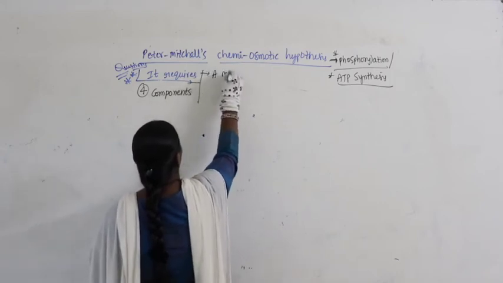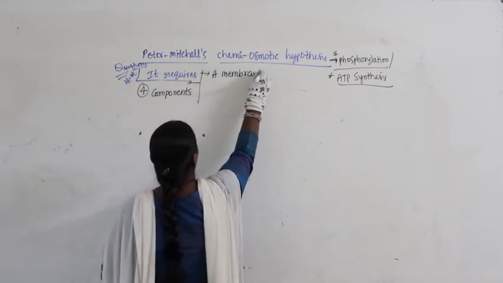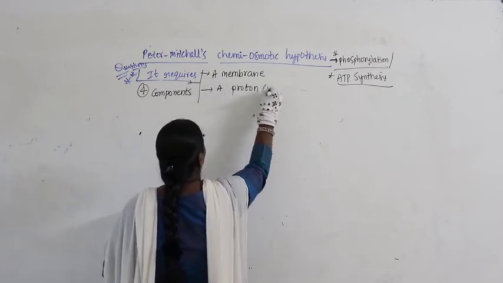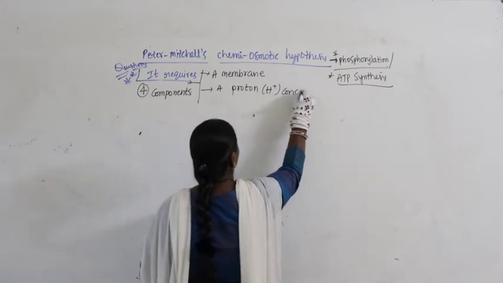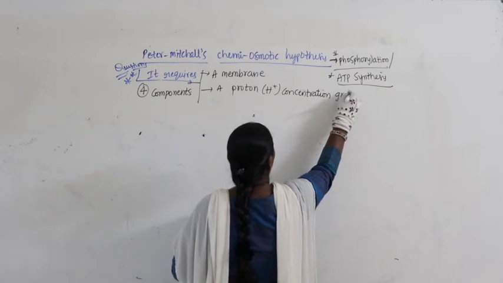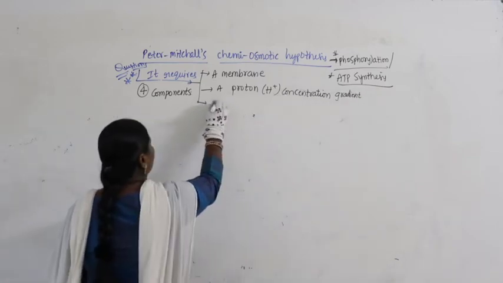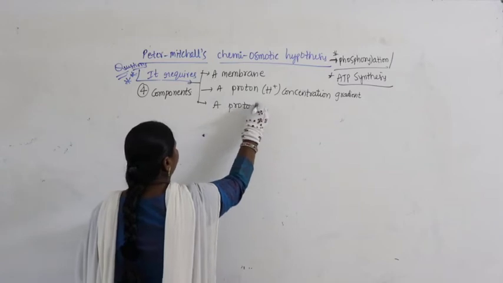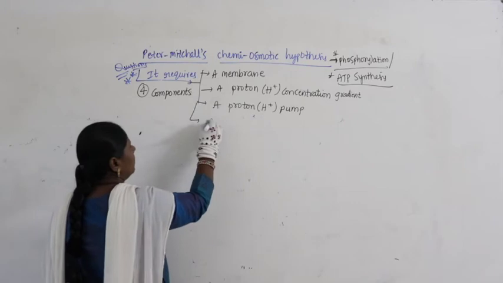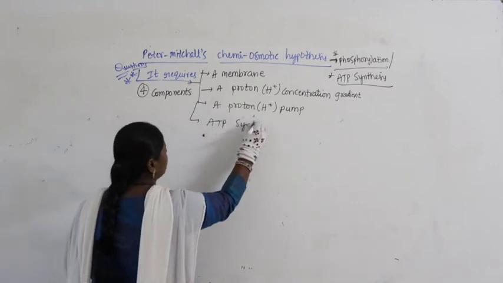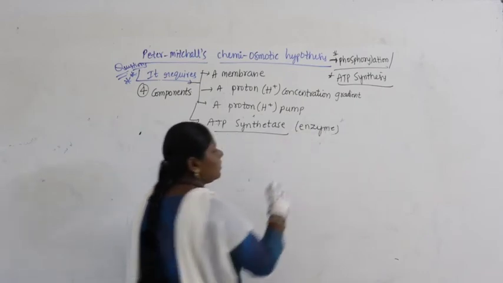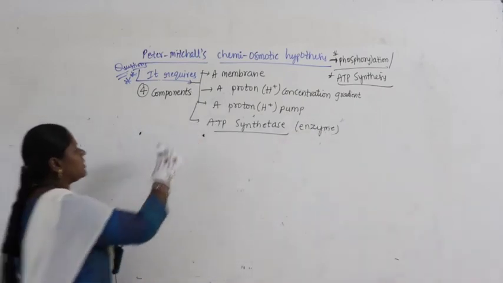It requires a membrane, a proton concentration gradient, a proton pump, and an enzyme, ATP synthetase. What is ATP synthetase? It is an enzyme. So, it requires 4 components.